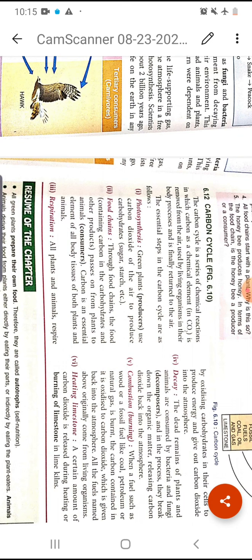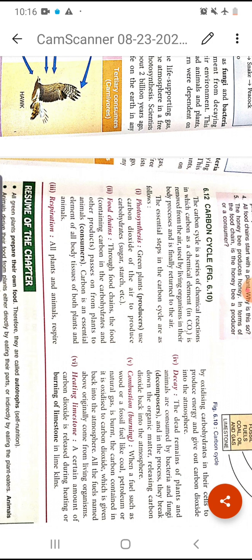Okay, now the carbon cycle is there. So in the carbon cycle different steps are there. First is photosynthesis. Green plants, which are the producers, use the carbon dioxide from air to produce sugar, and after that they convert it into starch.